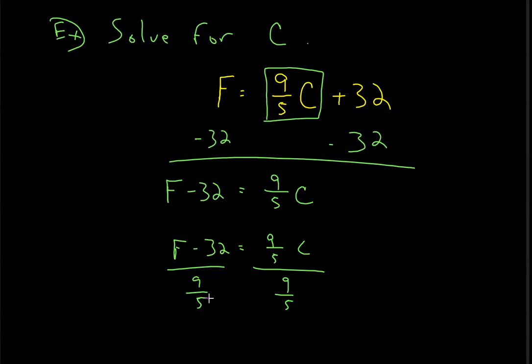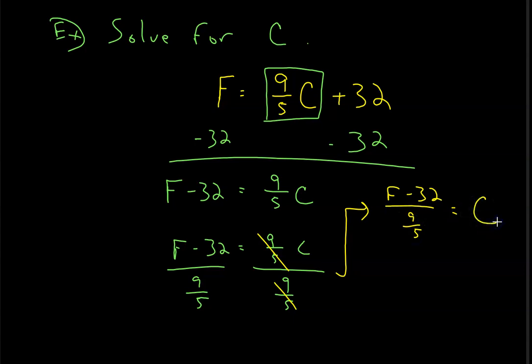So dividing by 9/5 means I'm multiplying by the reciprocal of 9/5. So in my next step, these cancel, and it gives me F subtract 32 divided by 9/5, and that will equal C.